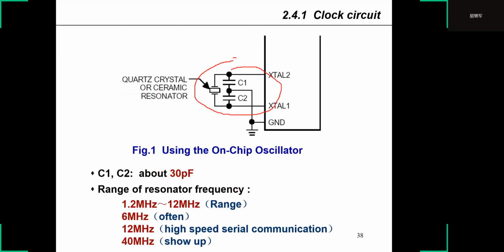Sometimes this circuit is default. So when we design the circuit, sometimes we just ignore this circuit because this is default for the microcontroller.